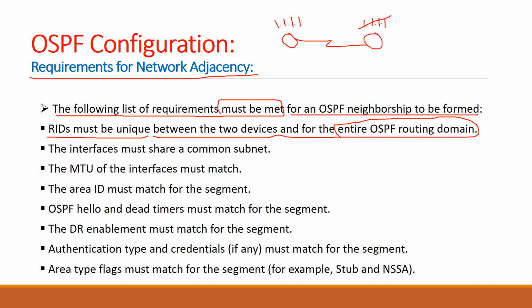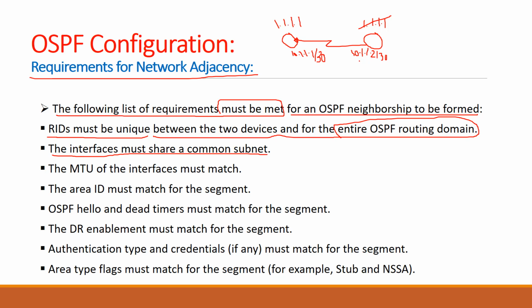The second one, the interfaces must share a common subnet. If, for example, this one has an IP address 10.1.1.1/30, this one should be 10.1.1.2/30.